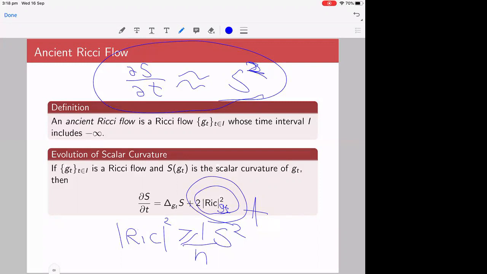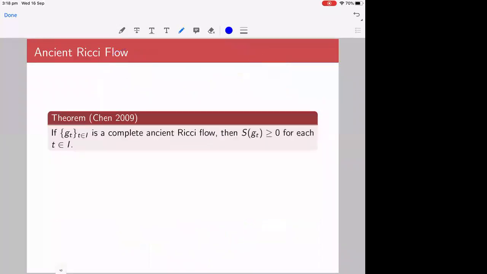So this tells us immediately that ancient solutions to the Ricci flow on compact manifolds at least have to have non-negative scalar curvature.